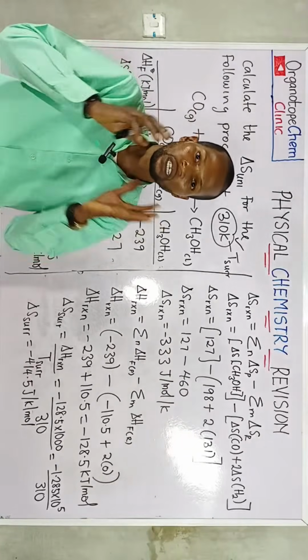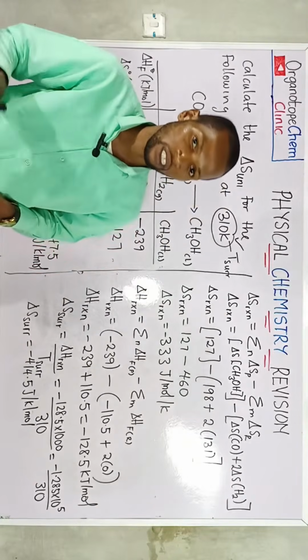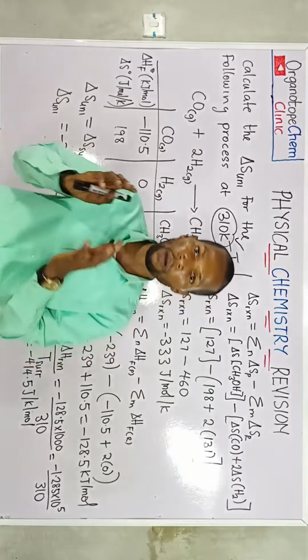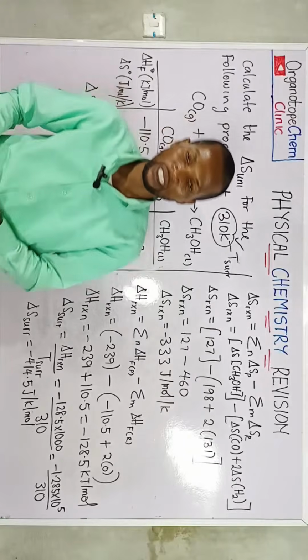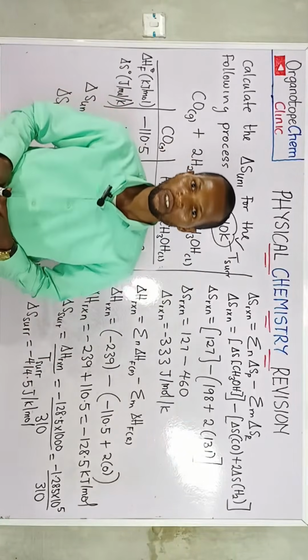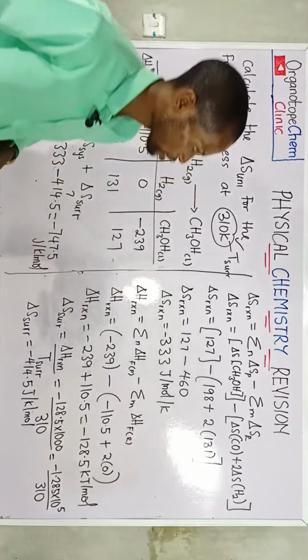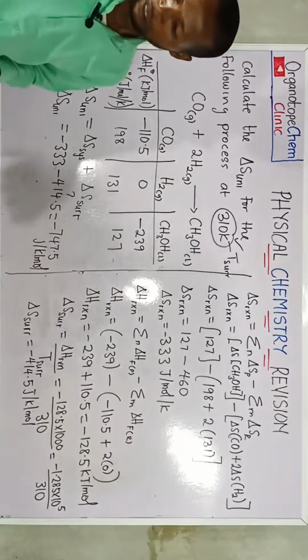Okay? The third law of thermodynamics states that the entropy change of all perfect crystalline solid is 0 at absolute 0 temperature. Now, what are we trying to say right here?